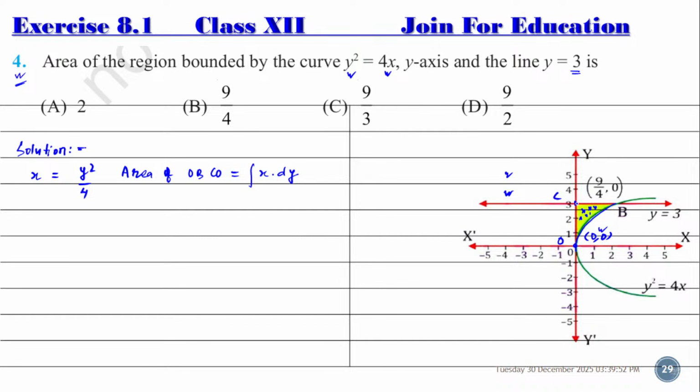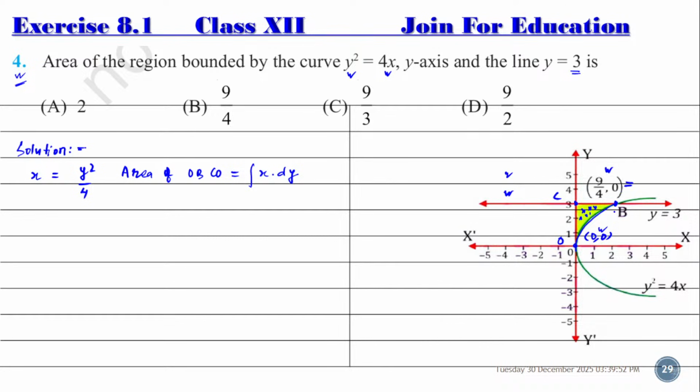When y equals 3, then we get x equal to 9 by 4. So the coordinate of this point is 9 by 4 and 0.